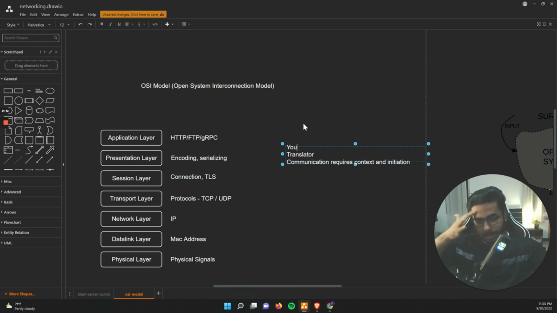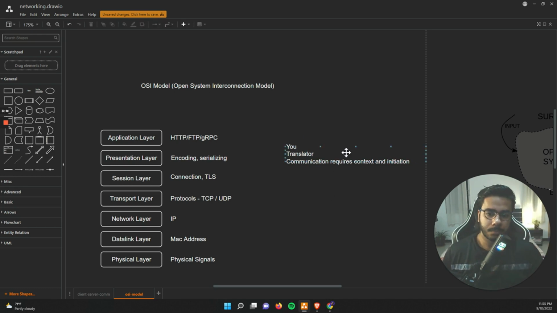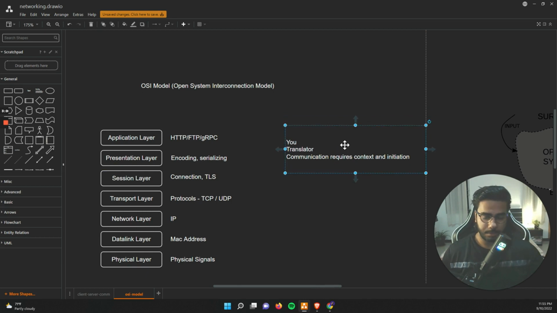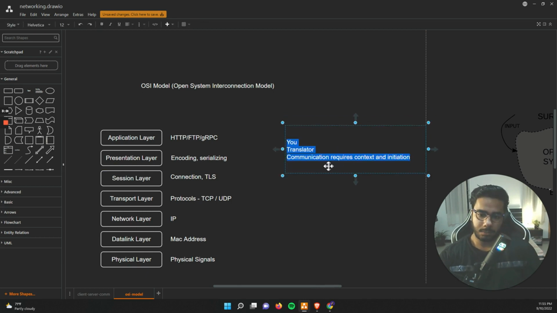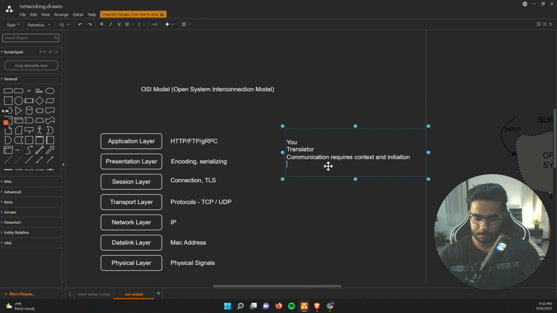You need a translator to translate whatever you're trying to say, and you need the translator to set the context for the communication so that the whole conversation can take place in the first place. And then we have the free flowing conversation as usual.